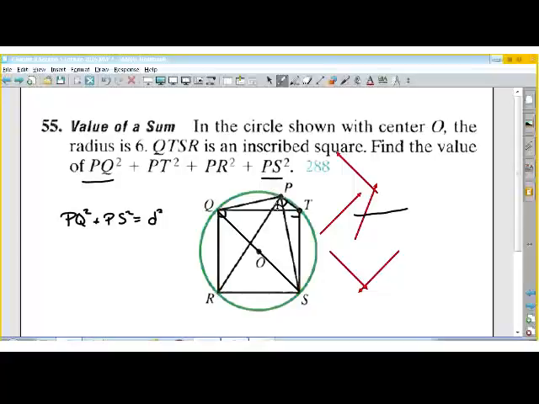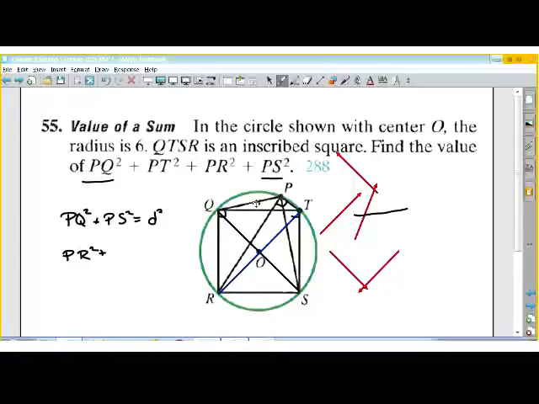PR is one side of the triangle, PT is the other side, and the hypotenuse is this line right there. So I've got this triangle RPT, with a 90-degree angle.